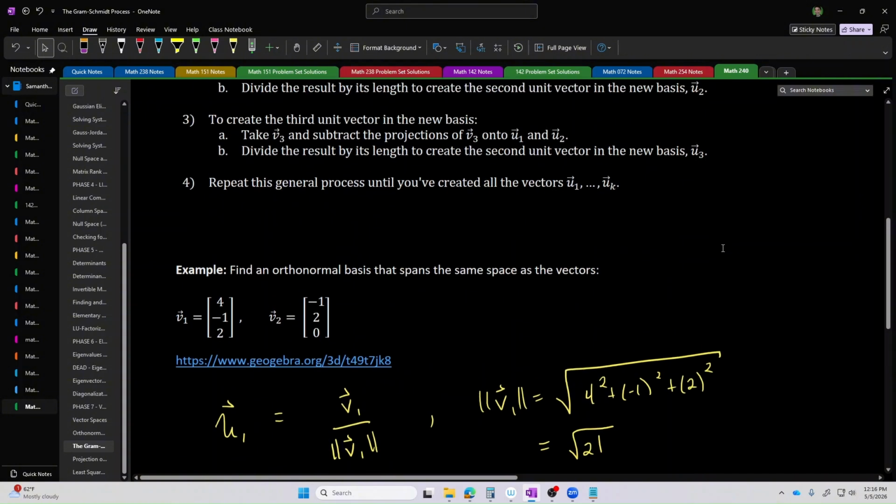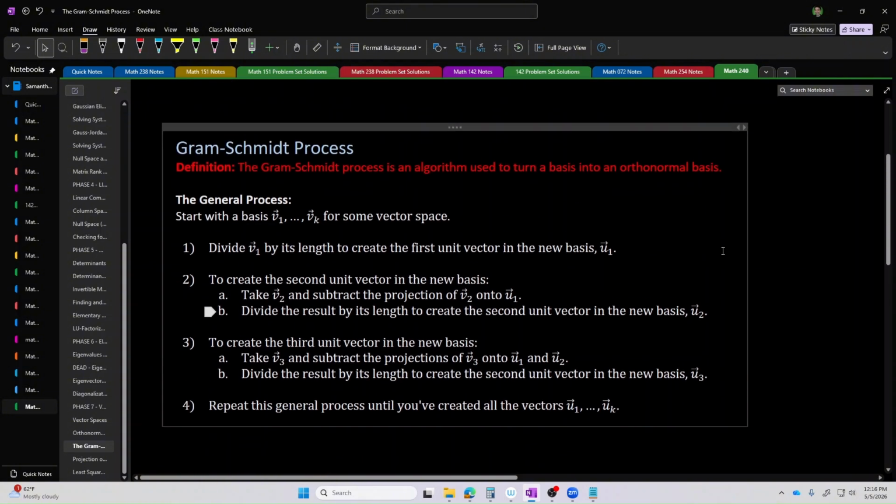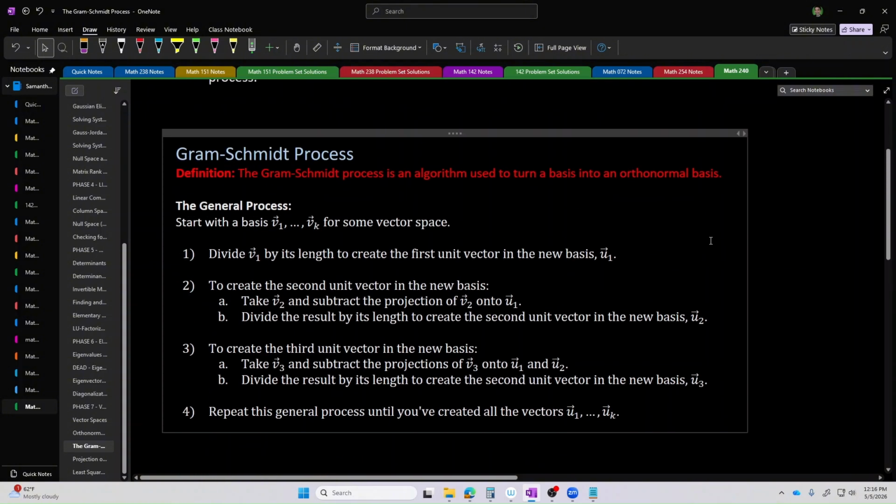Okay, step number two of the process. You need to create the second vector of your orthonormal basis. So you do that by taking the vector v2, the second vector in your regular ordinary basis, and subtracting the projection of v2 onto u1.